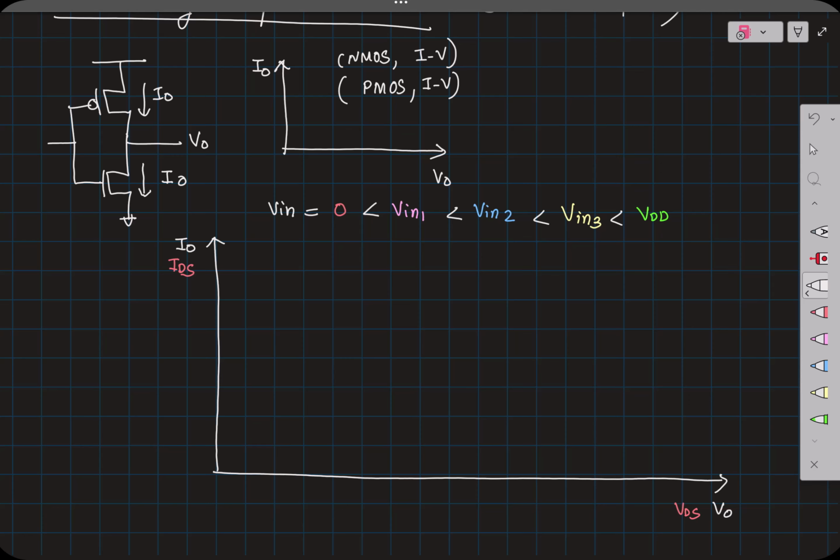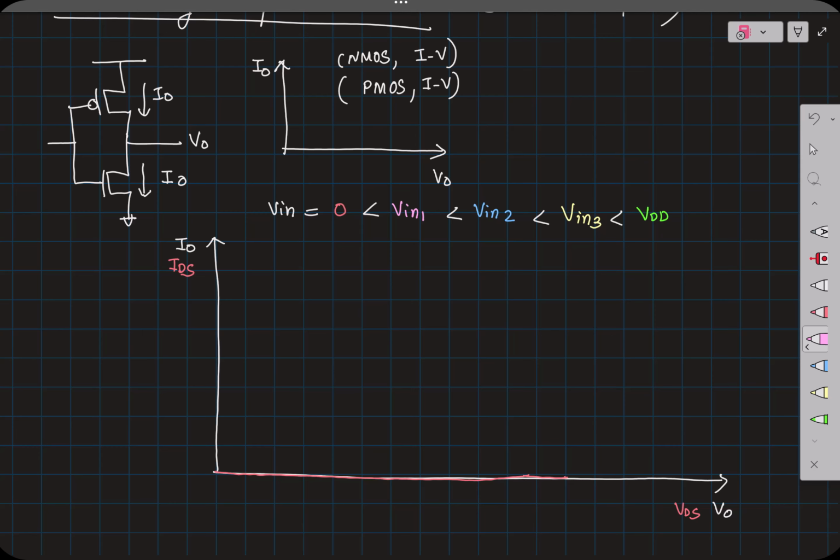How does it look like? Because this is something that we are all very familiar with, I'll go through this quickly. For Vin equal to 0, how does the ID curve look like? Vin is 0. What is ID? The transistor is in cutoff, therefore your ID is also 0.